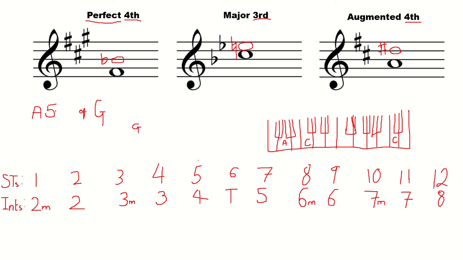So how do we do that? We can work out the fifth above it. So that is going to be G, A, B, C, D. So it's D, and let's work out the semitones.